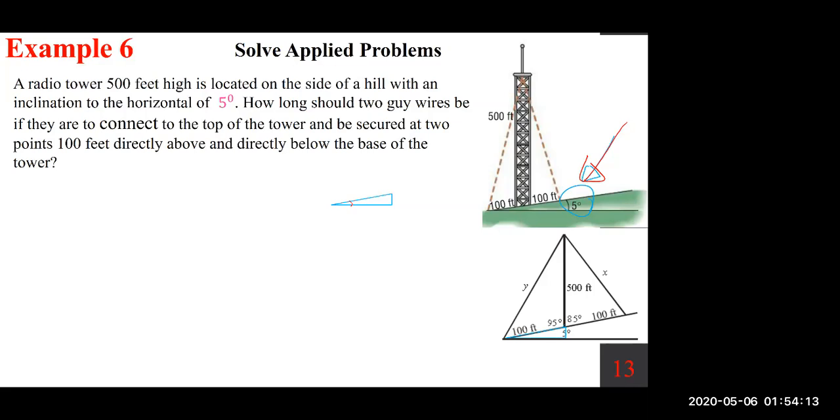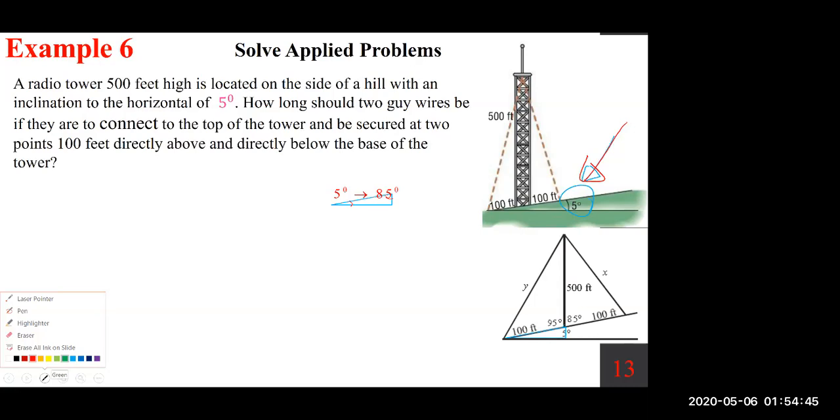So if this is 5 degrees, this one must be 90 minus 5. So that one is 85 degrees. Okay. So if that one is 85 degrees, let me now use another color to show you how these things work.